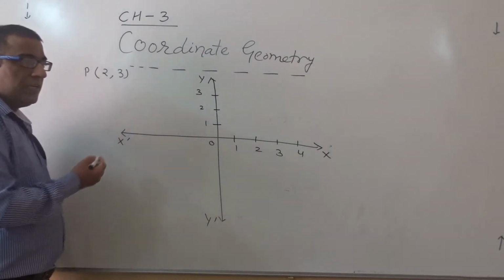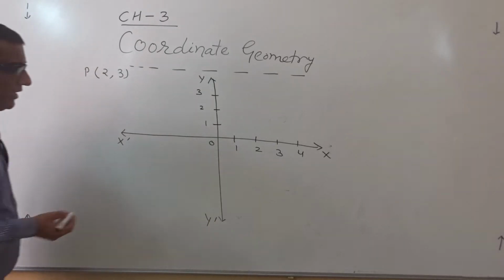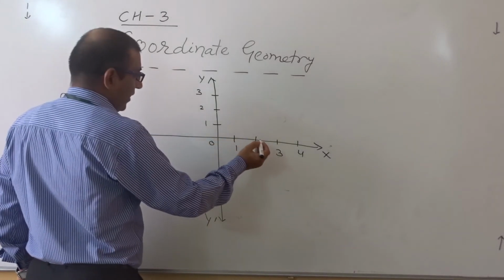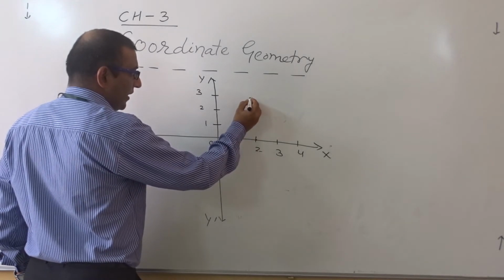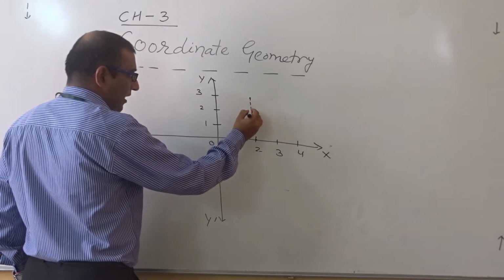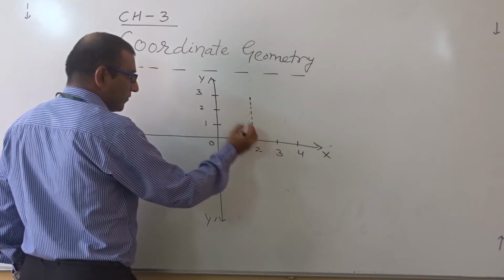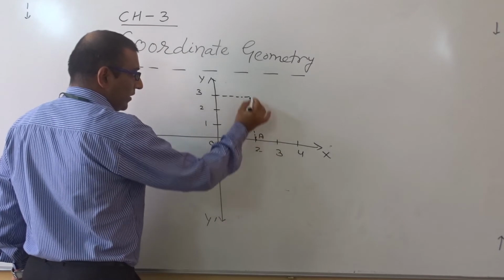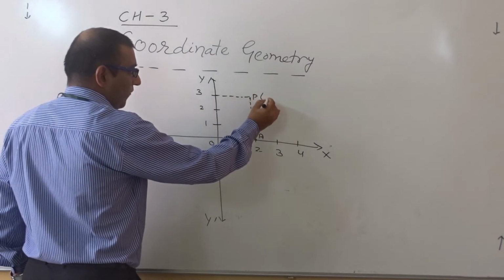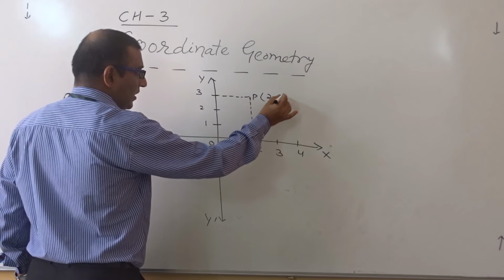Now how can we denote the position of this point P? As you see, the value of x is 2 and the value of y is 3. So when you join it, it looks like this. We mark here A, this is the point P, and the value of the point P is (2, 3).